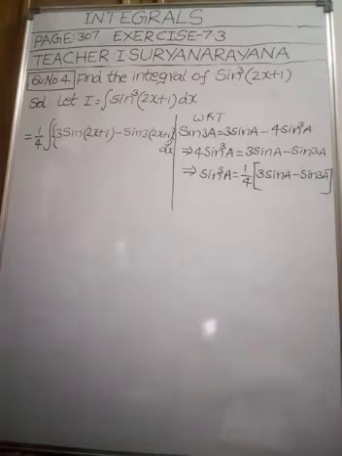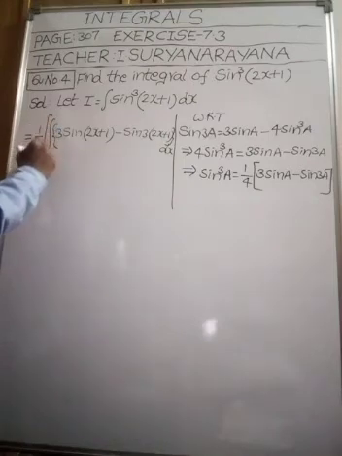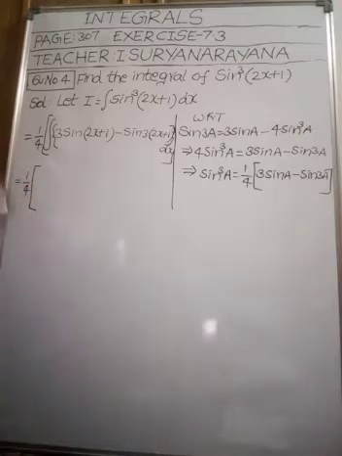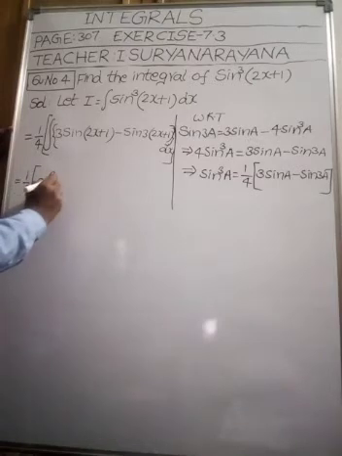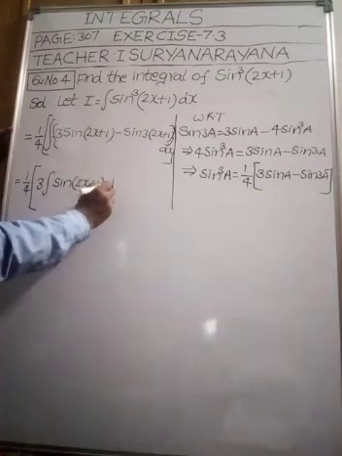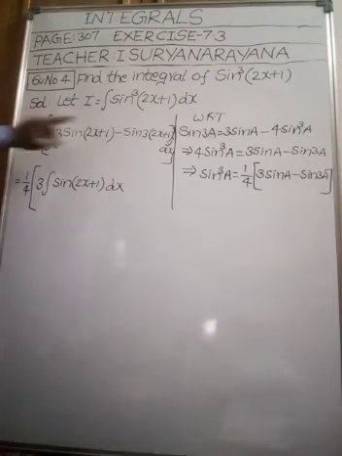Right. This is equal to 1 by 4 into, again, let us write it as two integrals. So 3 integral sin of 2x plus 1 dx. Okay, my children?